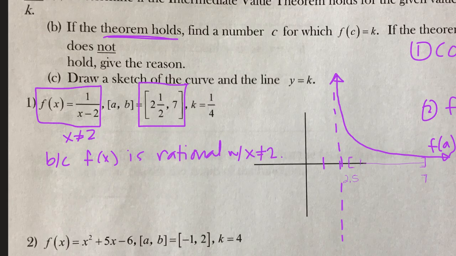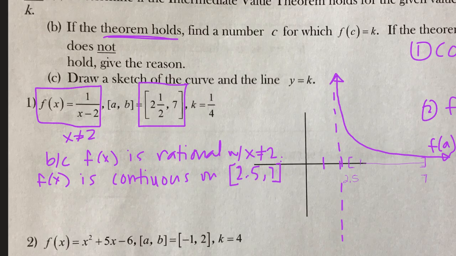That's the only place that is discontinuous, at positive 2. F of x is, in fact, continuous on the interval from 2.5 to 7.